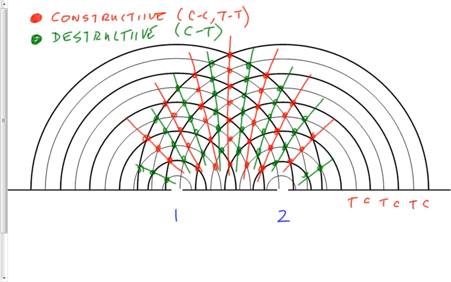So everywhere on these red lines, you got big waves. You got either big crests or big troughs, constructive interference. Everywhere on the green lines, you've got little waves or even no wave, destructive interference, where the waves have canceled each other out. Let's say this is a swimming pool, and you've got, for whatever reason, some big source of waves right here at source number 1, some big source of waves at source number 2 here.